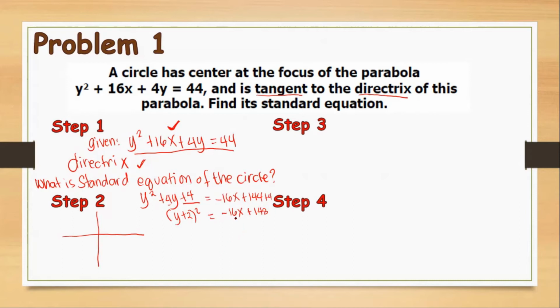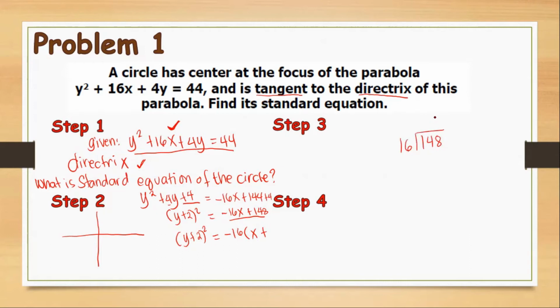Then all we have to do is factor this out in order to identify the coordinate of x. So (y plus 2) quantity squared equals negative 16 times (x plus 148 divided by 16).